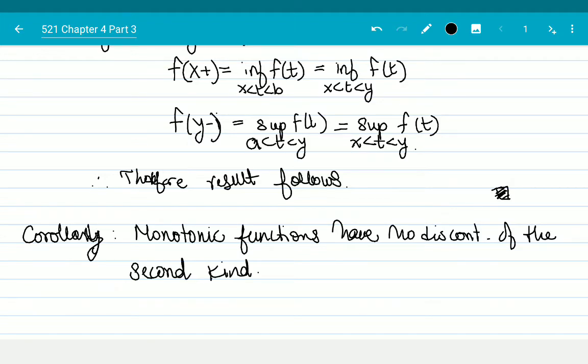All the discontinuities of a monotonic function are of the first kind. They might not always be removable, but they're always of the first kind. Okay?